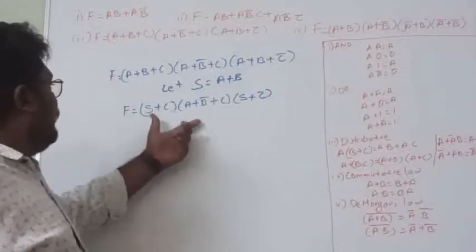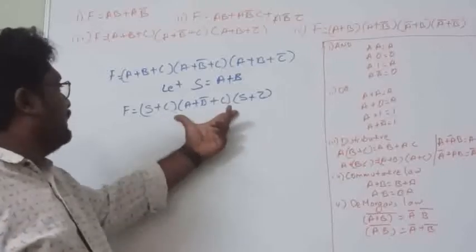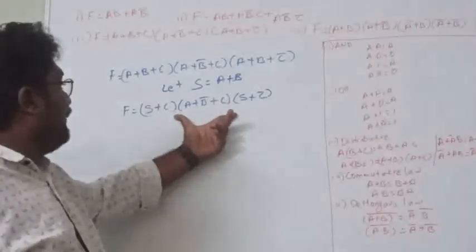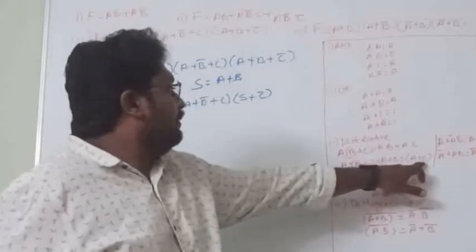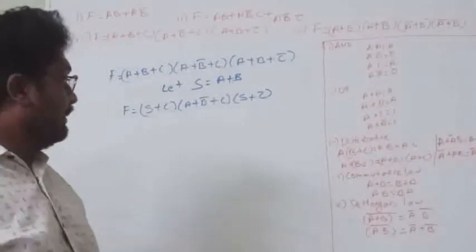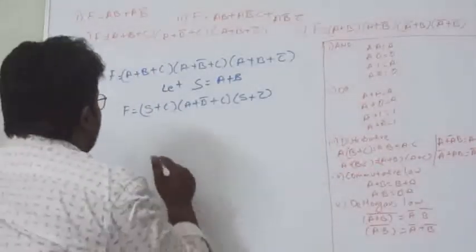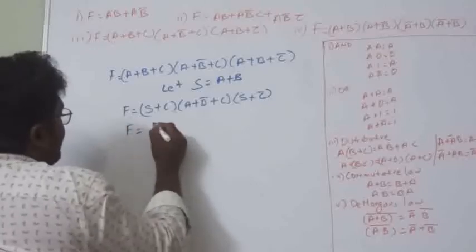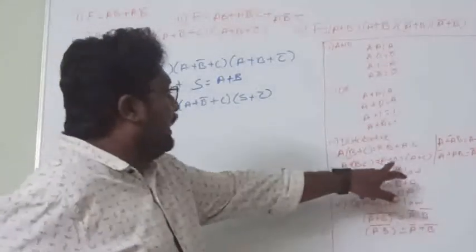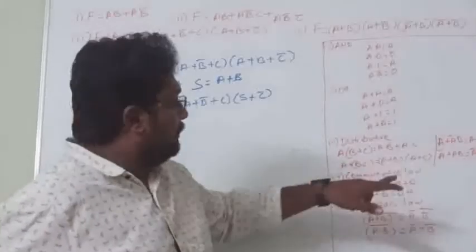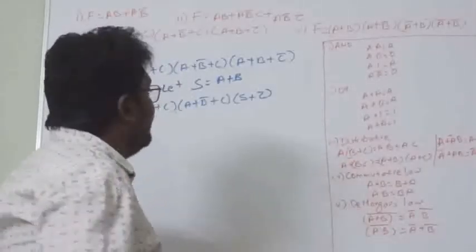So if we observe this first expression and the third expression again, this is in the form of A plus B into A plus C, right? So now the expression will become F is equals to S plus C and S plus C bar, that is A plus B into A plus C can be written as A plus BC.